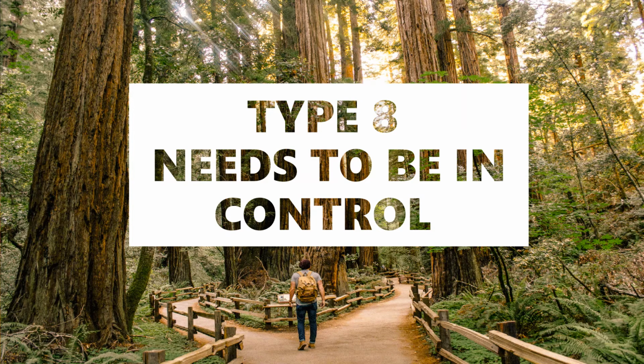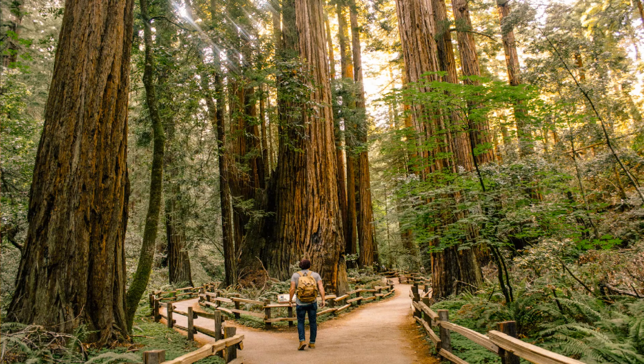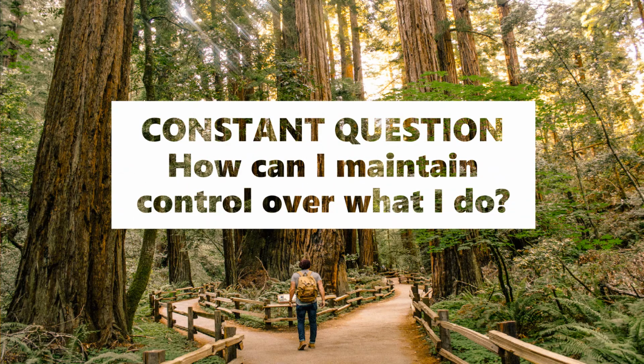Next up, the type 8 needs to be in control. They desire for nothing to be in their way. They do not want anyone or anything to stand in their way. And their constant question is, how can I maintain control over what I do right now? Why are they asking themselves about how they can maintain control over what they're doing right now?